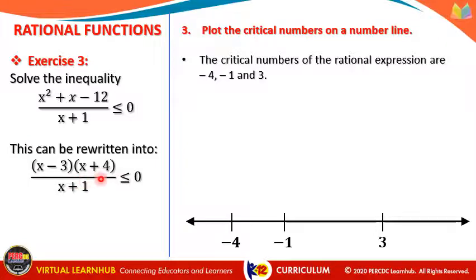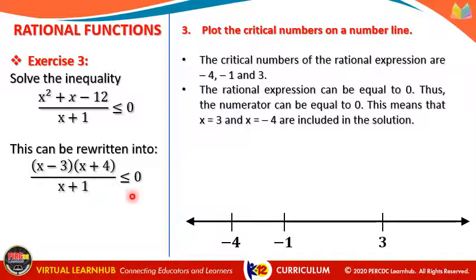So, ang tanong ngayon, kailan ulit magiging 0 yung numerator? 'Di ba nalaman natin yun kanina? Magiging 0 yung numerator if x is positive 3 or if x is negative 4. And again, pwede na itong expression natin ay equal sa 0. The rational expression can be equal to 0, thus the numerator can be equal to 0.